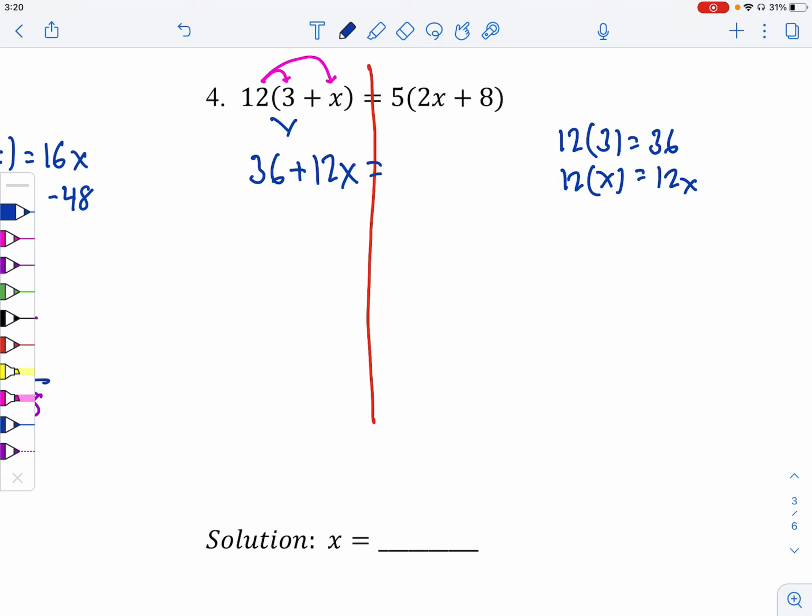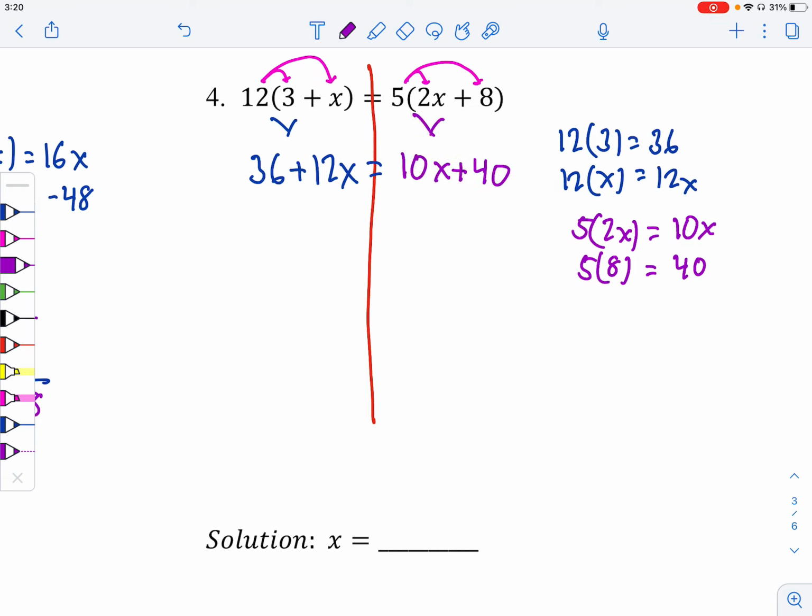Equals, on the right side we can distribute 5 times 2x, 5 times 8. So 5 times 2, 10 with 1x. 5 times 8, 40. So on the right side is 10x plus 40.